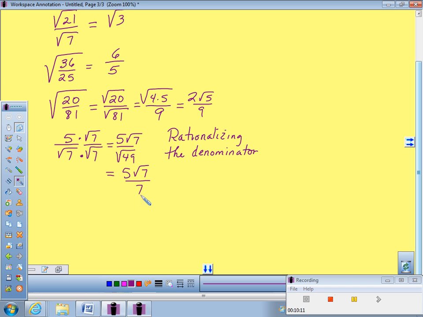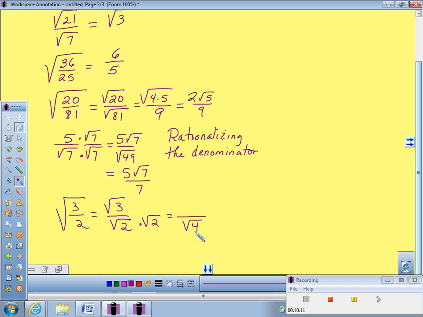A second example of that is what happens if you have something like the square root of 3 halves. Once again, think of it as two separate square roots over each other. Neither one will simplify right now. I'm not allowed to have the square root of 2 in the denominator. If I want to get rid of it, I simply multiply it by another square root of 2, because that makes me get a perfect square number.